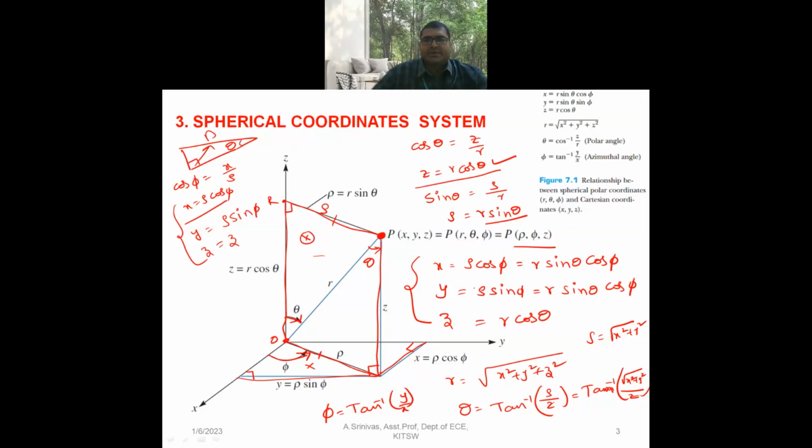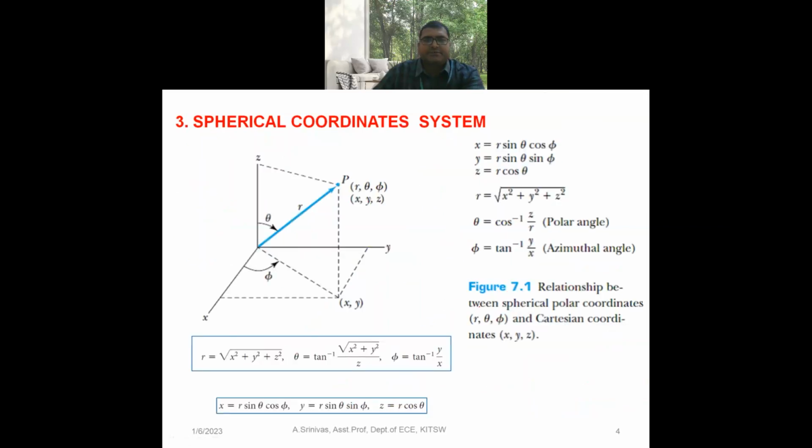By knowing the values of spherical coordinate system, you can determine the Cartesian coordinates. By knowing the values of Cartesian coordinates, you can determine the spherical coordinates. Refer to the relation between x, y, z and r, theta, phi.